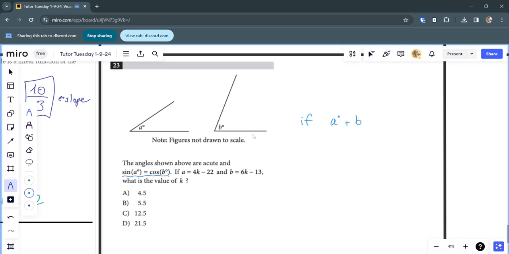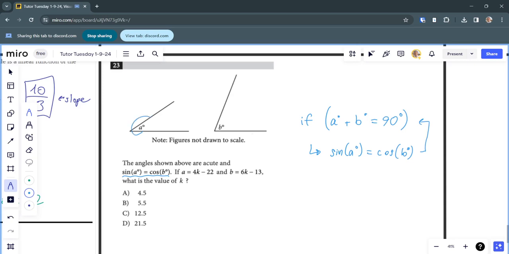If angle A and B add up to 90 degrees, they're complementary angles, acute angles, then sine of A will equal to cosine of B. And vice versa. The opposite is also true.